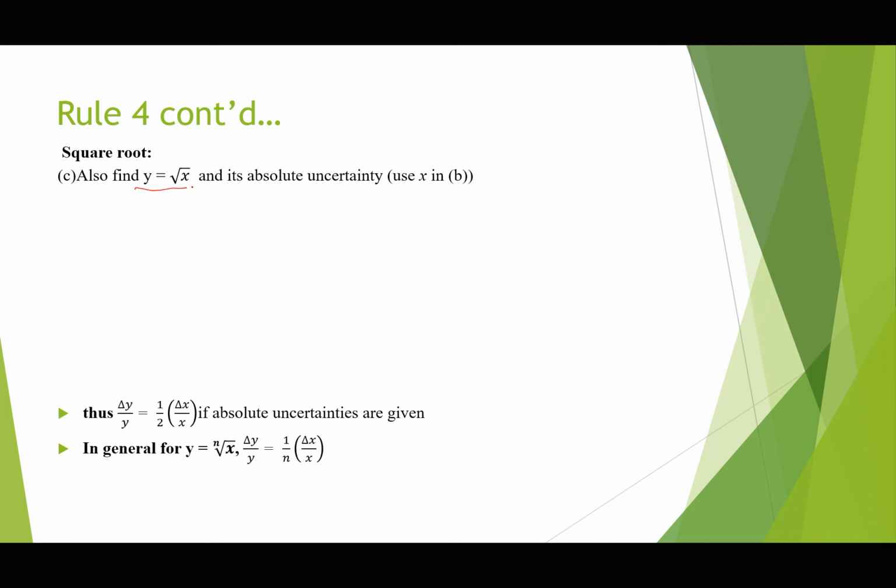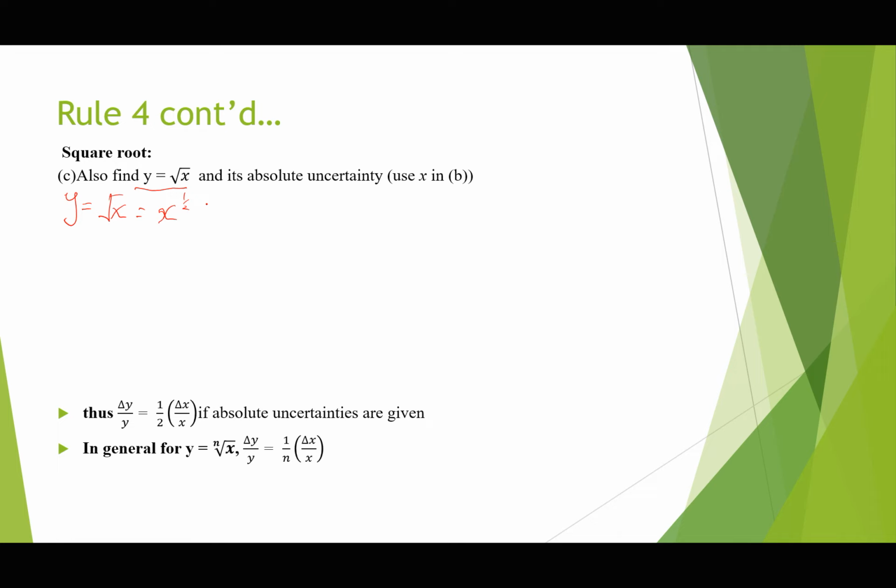You and me, as mathematics students or somebody who has been exposed to mathematics, you notice that y equals the square root of x is the same as x power a half. So now we have a power, and previously we have seen what we do with the power.